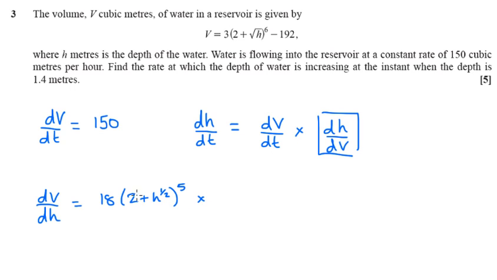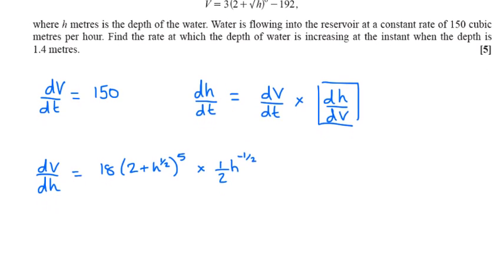So if we differentiate this bracket here, the 2 disappears, bring the half to the front, and take 1 off that power. Minus 192 will go to 0 when we differentiate that.